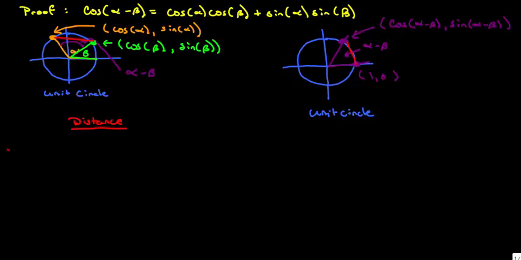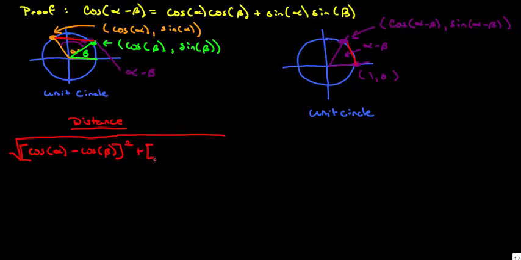So if you remember your distance formula, it's going to be the difference in my x values squared plus the difference, I need an extra parenthesis. Let's use brackets here. So that guy squared plus, now the difference in the y values.